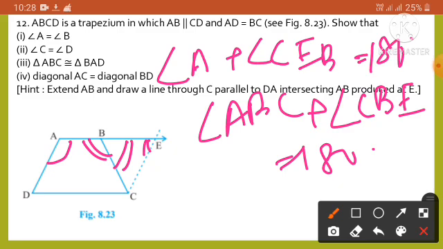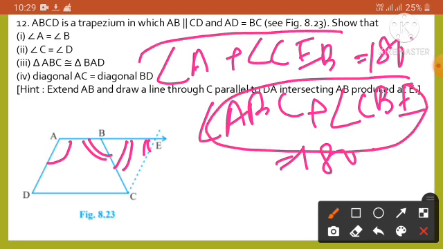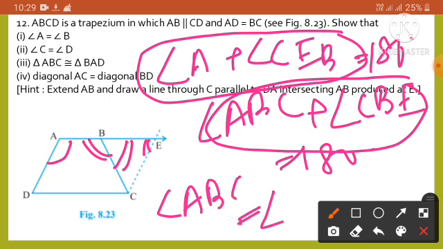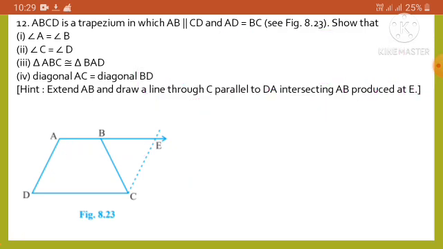So from these two equations we can easily say that angle ABC plus angle CBE is equal to angle A plus angle CEB. So we can easily say that angle ABC is equal to angle A, or we can say that angle B equal to angle A here.